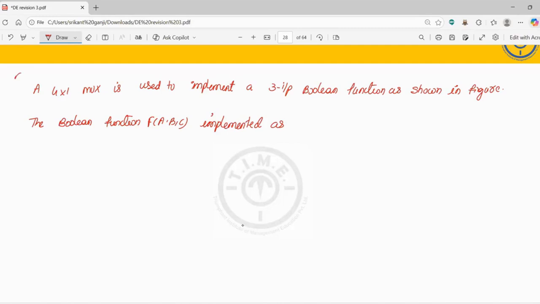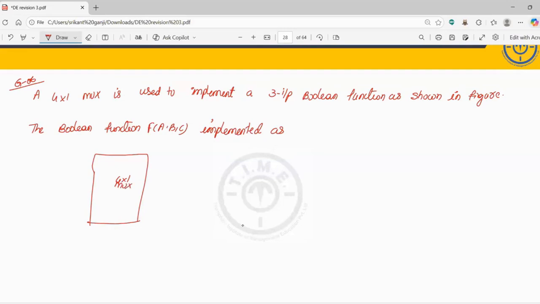So this is a GATE 2006 problem. So 4:1 multiplexer: I0, I1, I2, I3.